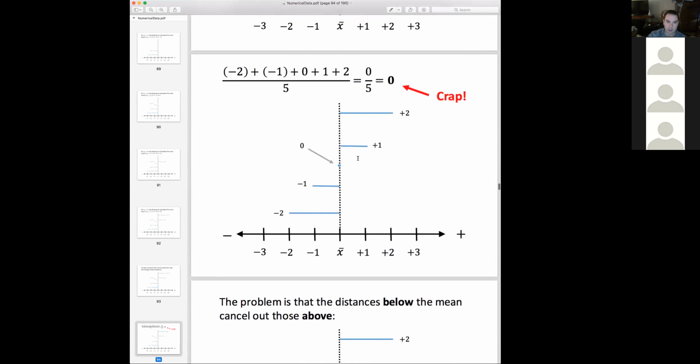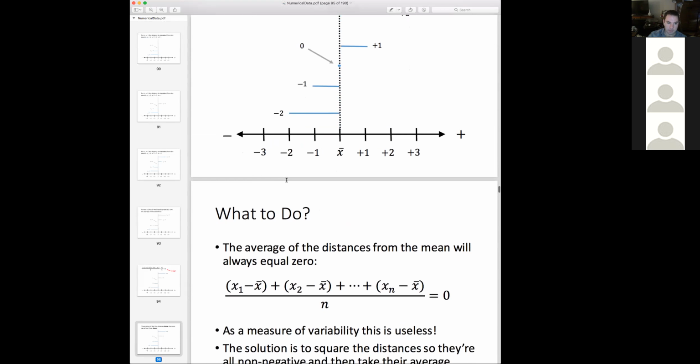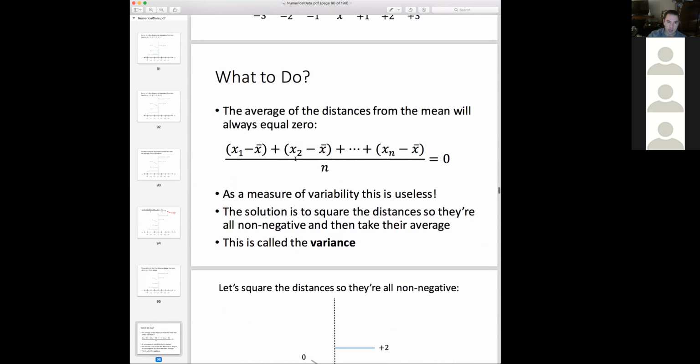That means that on the right side, positively, there's as much deviation as on the left side, negatively, as you can see here. So the average of all the distances from the mean will always equal 0. As a measure of variability, that's useless.